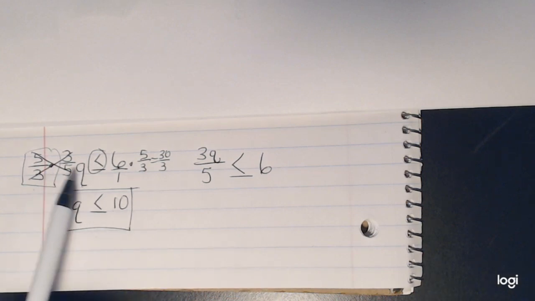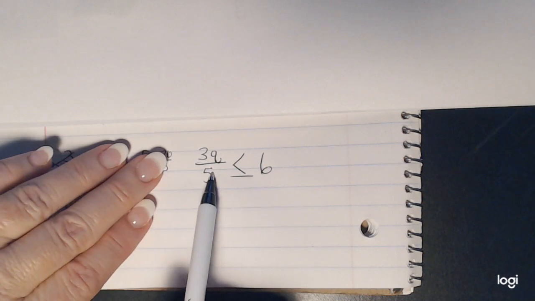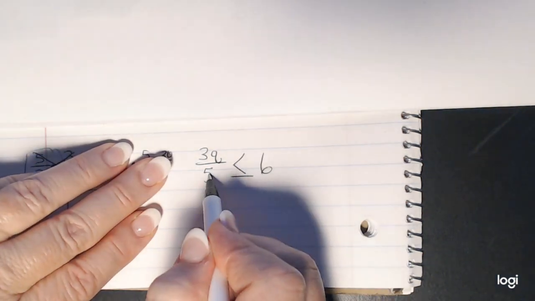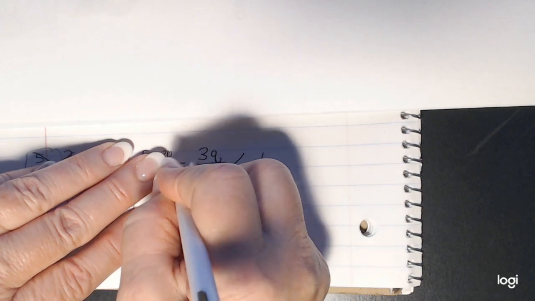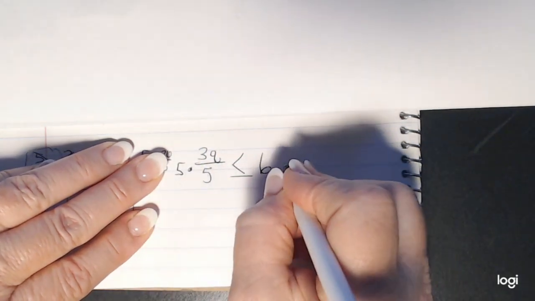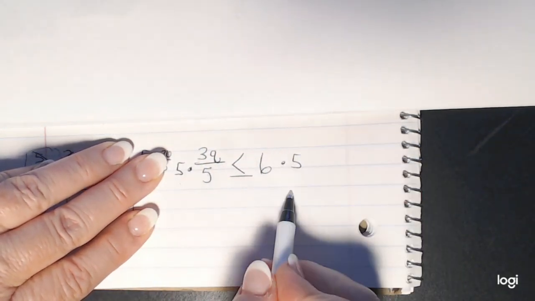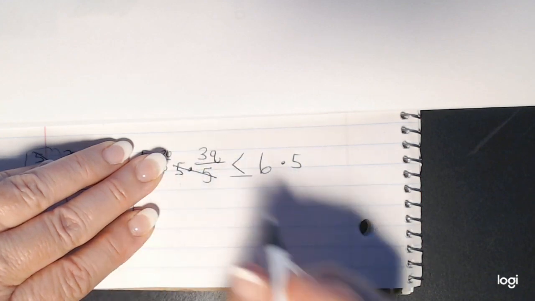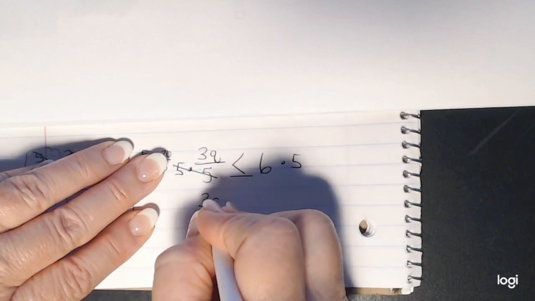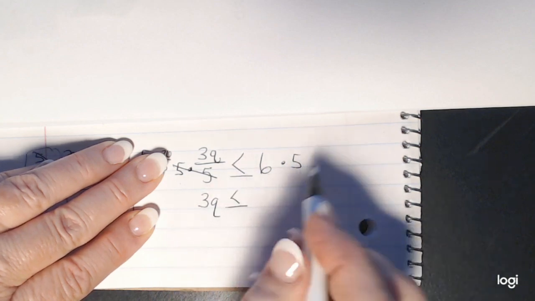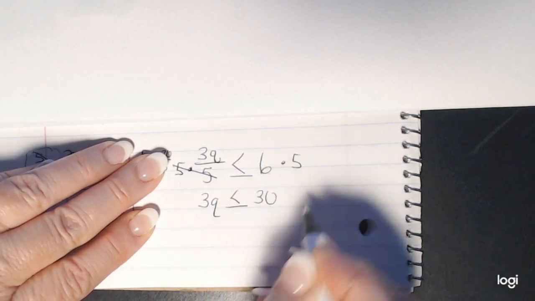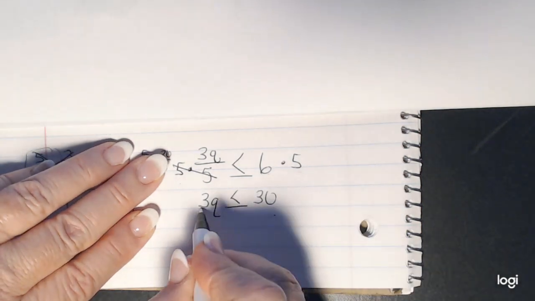For those of you that have a hard time understanding this, you're going to want to do it this way. Opposite of dividing by 5 is multiply by 5 on this side, multiply by 5 on this side. These 5's cancel, leaving 3Q is less than or equal to 6 times 5 is 30. Same exact answer, it looks like.